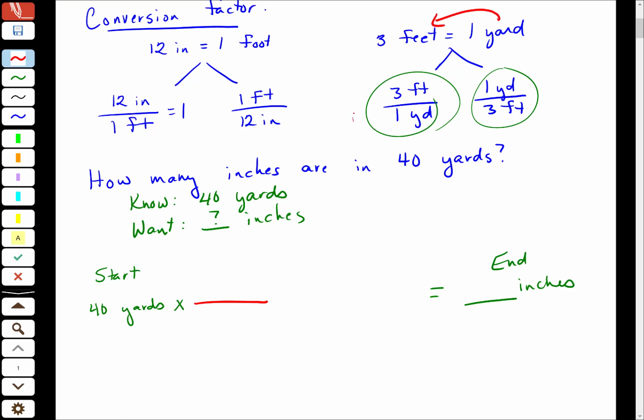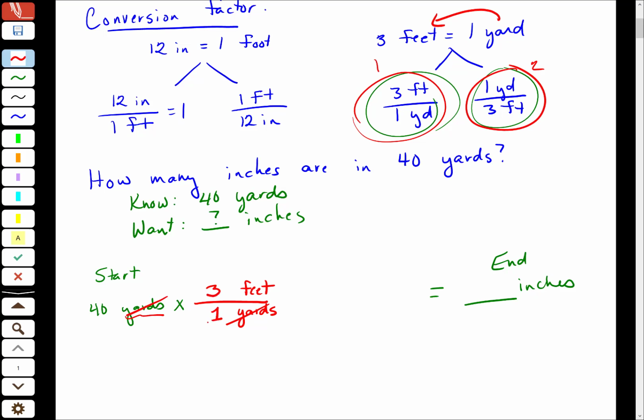And so I can either do fraction 1 or fraction 2, and what dimensional analysis lets us do is pick the right one. Here, I want yards to go away, which in fractional reasoning means if I have yards on the bottom, these cancel just like fractions cancel, right? And then if I put feet up on top, then feet will be left because it doesn't cancel with anything.